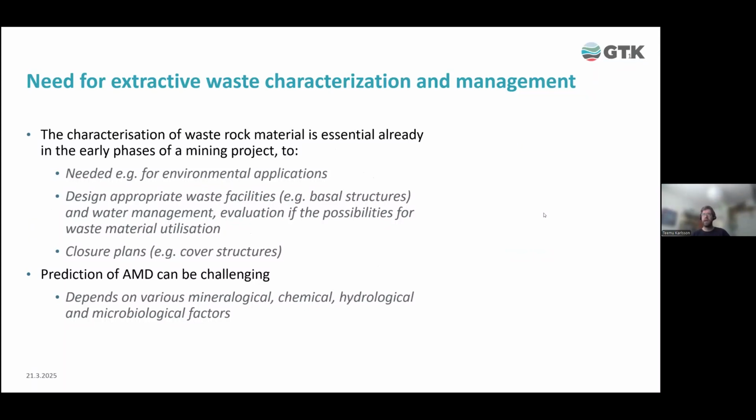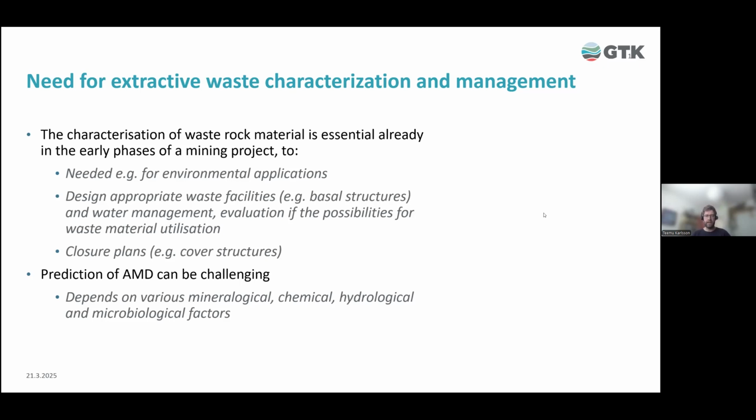Data from characterization, so basically how harmful some waste type is. Is it very prone to produce acid, and will the harmful elements mobilize? That kind of data is needed already in a very early phase of a mining project to make the first environmental applications and to design the waste facilities, for example, what kind of basal structures there should be, what kind of water management is needed.